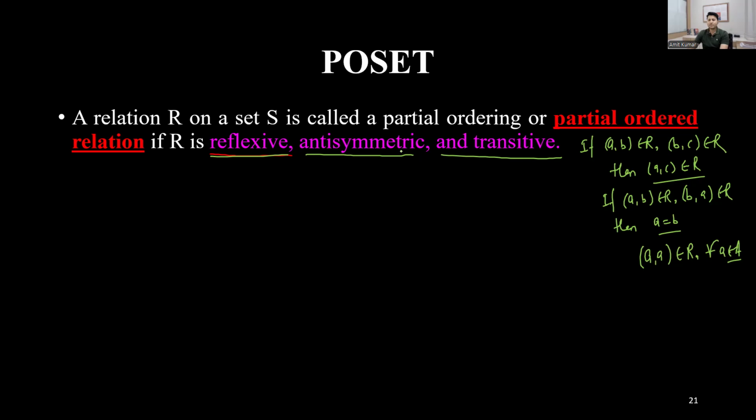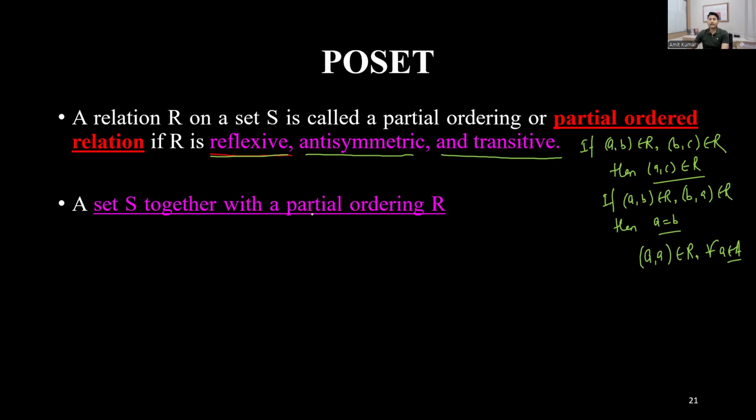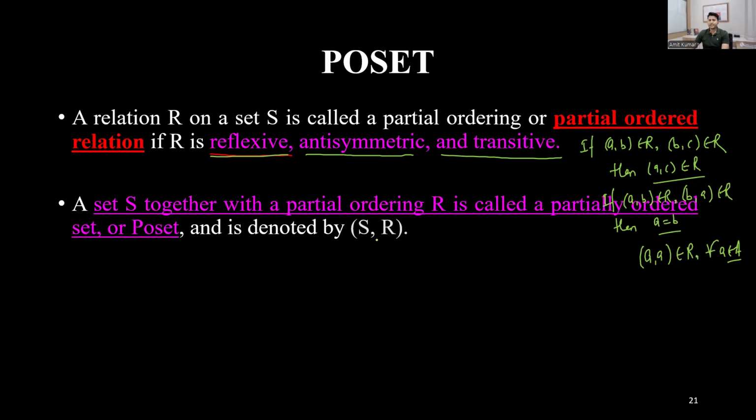Now we are talking about a partially ordered set. A set A along with a partially ordered relation R is called a poset and is denoted like this. The first one is your set and the second one is the name of your relation.